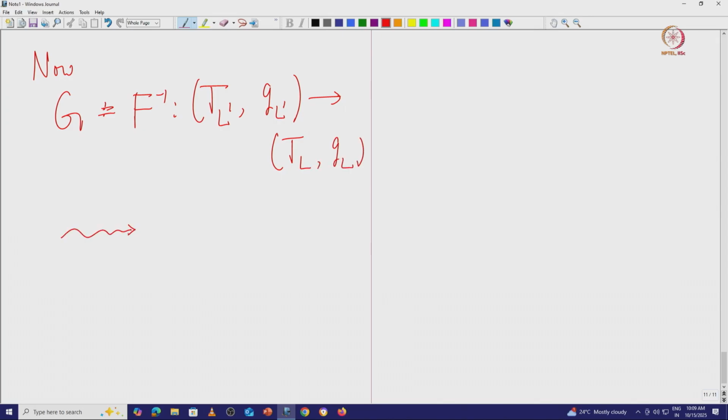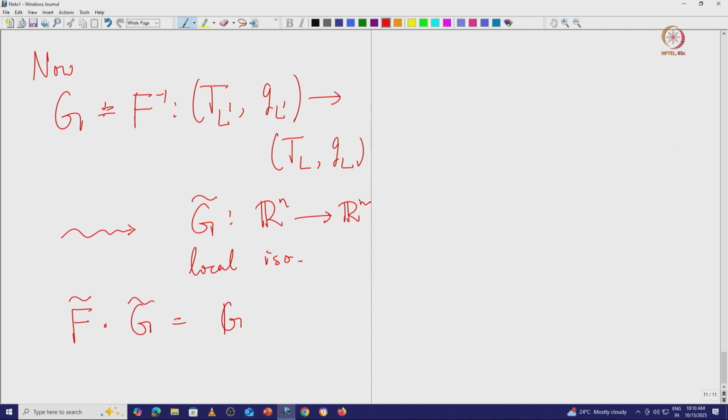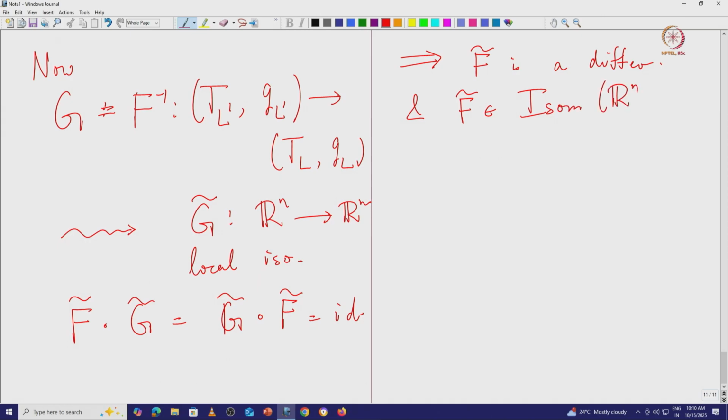So from this, by the same construction as before, we obtain a map g tilde, which is a local isometry, and in fact one can easily check that this is the identity, which means that f tilde is a diffeo, and hence f tilde belongs to the isometry group of Rn.